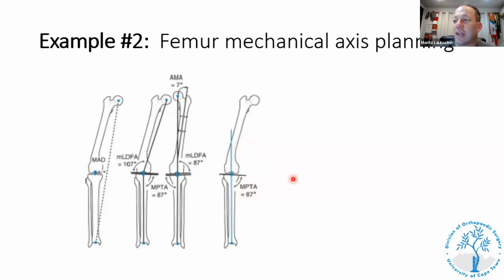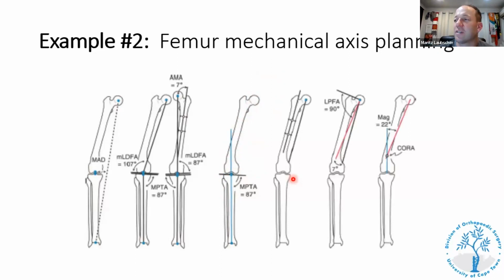This is the most accurate way to do it, and this is to reference the mechanical axis to the anatomical axis. The first step is to draw the anatomical axis of the femur. That's just an intramedullary line. Now I move that line parallel, going through the middle of the femoral head, and then I draw a line at 6 degrees from it, because that's the difference between the two.